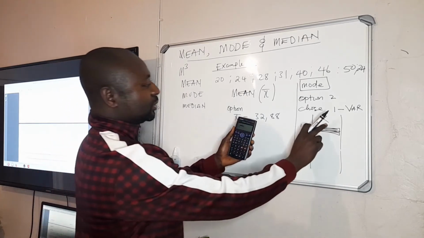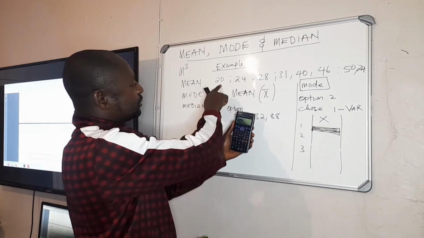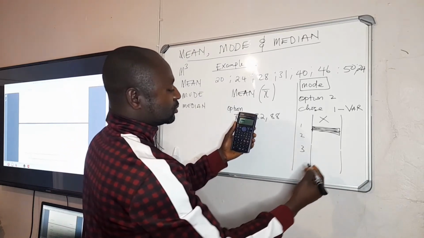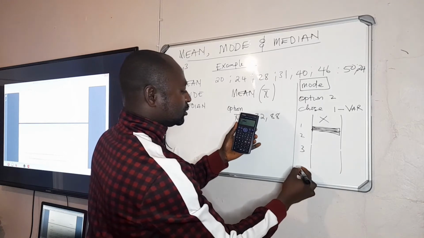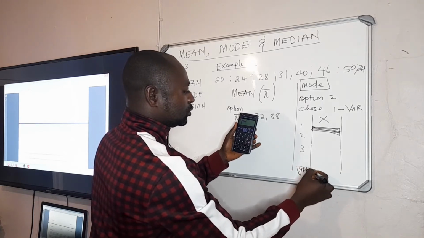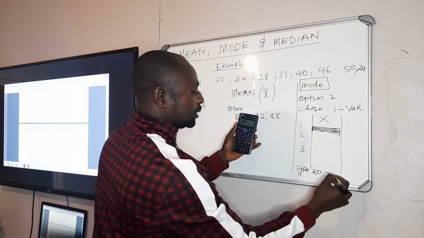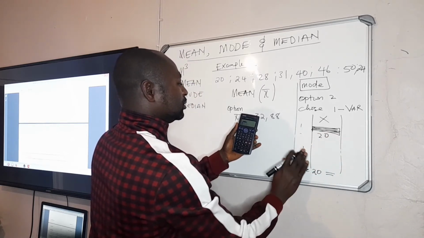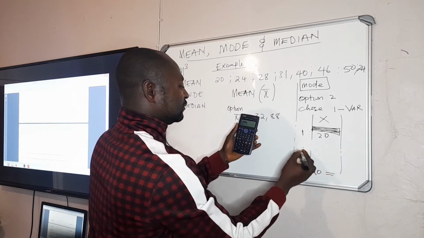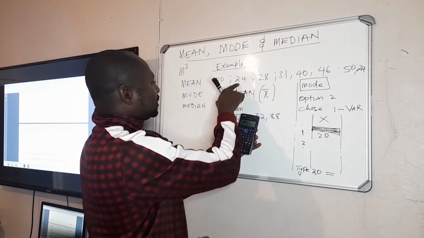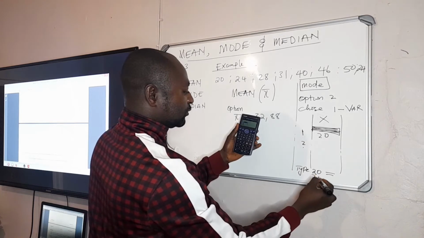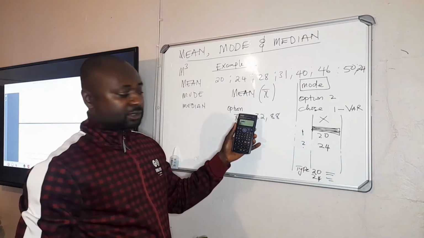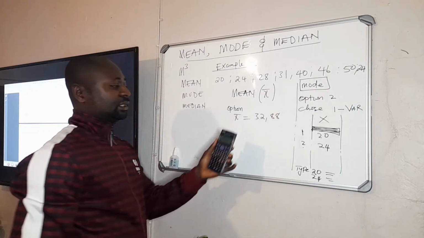Where it is written X, you start capturing the data. You type 20 on the calculator, followed by equal sign, and then the 20 will come here to option number 1. That is the first data you capture. The second data is 24. You press 24, you press equals, then that 24 will come here like that, up until you finish with the last number.